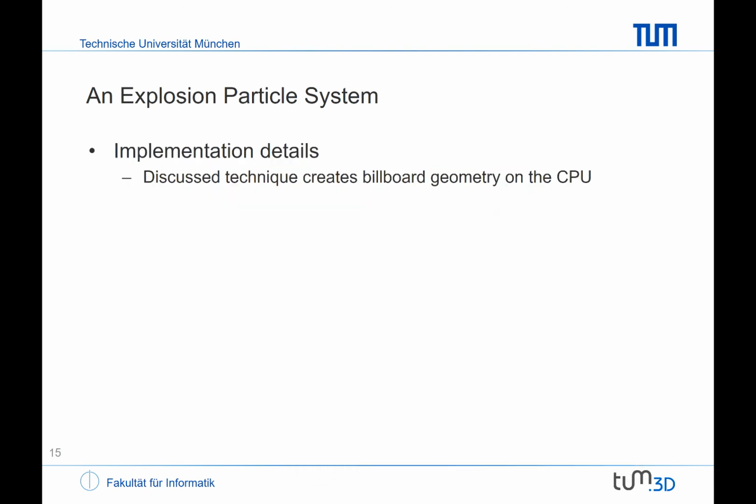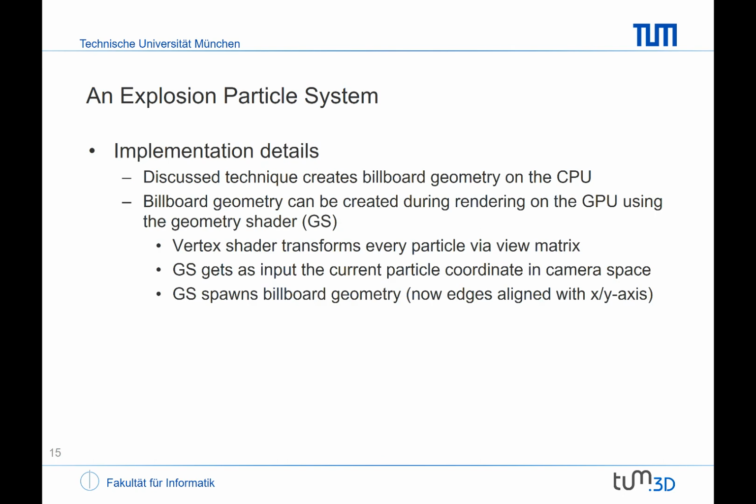Yeah, a little bit of implementation details here. The discussed technique creates billboard geometry on the CPU, as I have said. But of course, you could also create the billboard geometry directly on the GPU during rendering using the geometry shader.